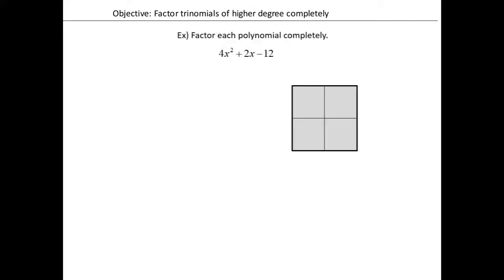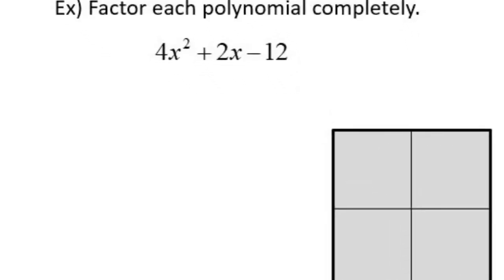All right, so go ahead and copy the first example so we can do one together. We have 4x squared plus 2x minus 12. You need to copy it down.